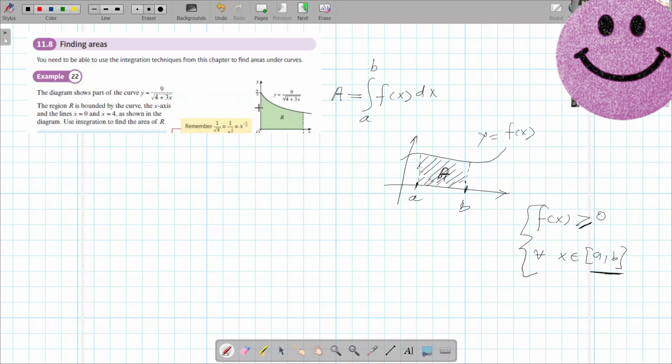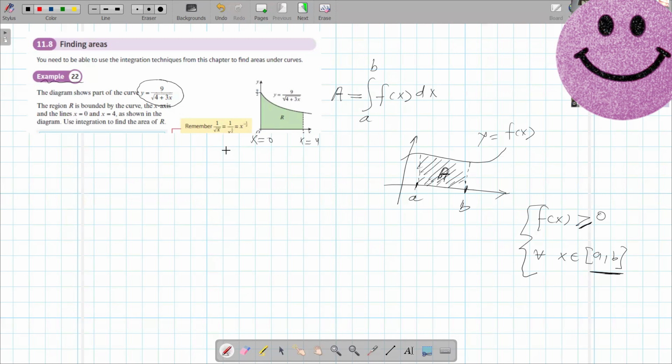So in the first example, it says that the diagram shows a part of the curve y equals 9 over square root of 4 plus 3x. The region R is bounded by the curve, the x-axis and the lines x equals 0 and x equals 4. X equals 0 is here and x equals 4 is this vertical line.